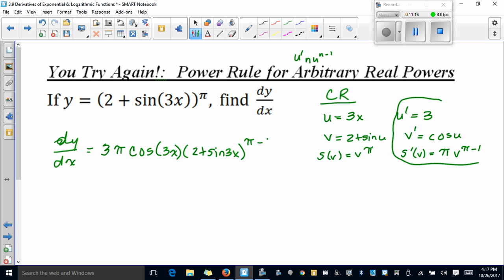So we know n is pi. We know u is this guy right here to the n minus 1. The u prime was the 3 and the cosine of 3x because we had to take care of both of those derivatives. But there we are. That's what we have.